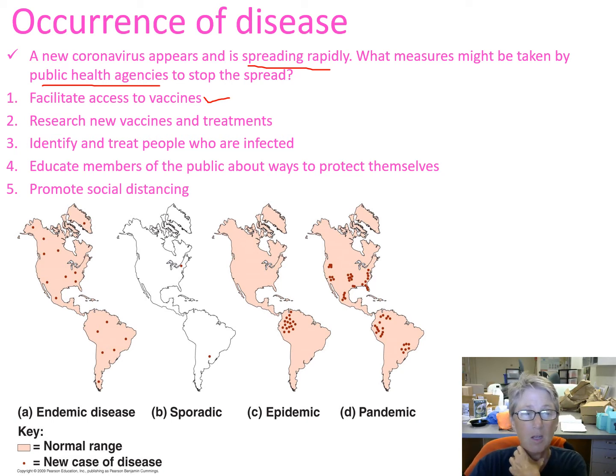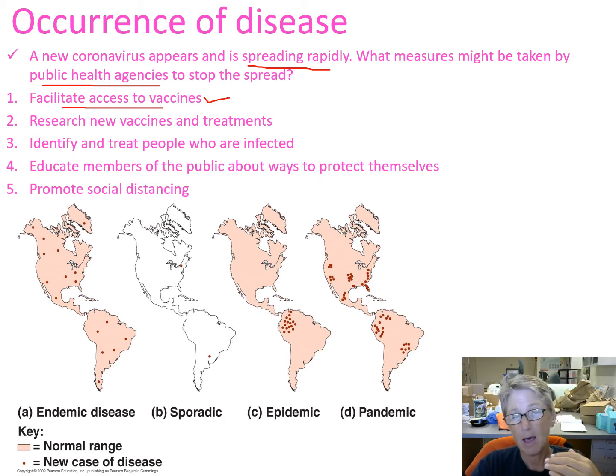In addition to facilitating access to the vaccines, I'm sorry, I said that backwards. I should have put this one first, because we want to facilitate our scientists to help them research new vaccines and new treatments.